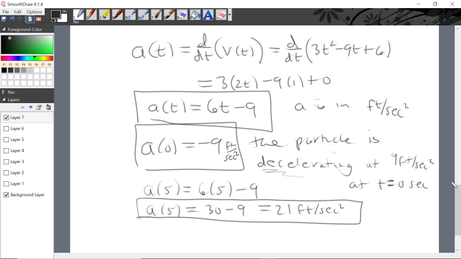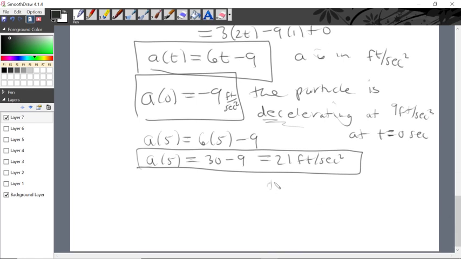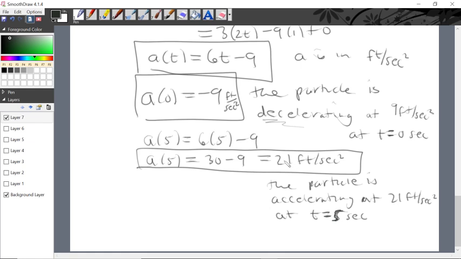So now what's happening? Now the particle is truly accelerating at 21 feet per second squared at t equals 5 seconds. So now the object is accelerating at a faster rate.